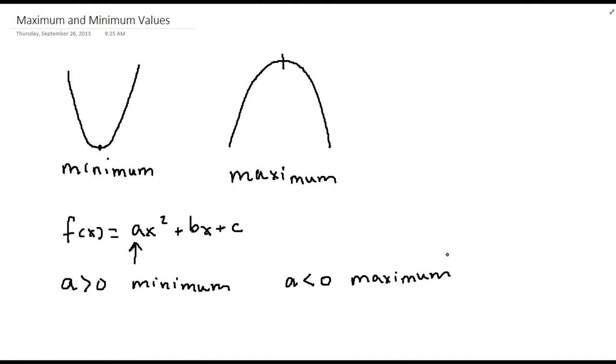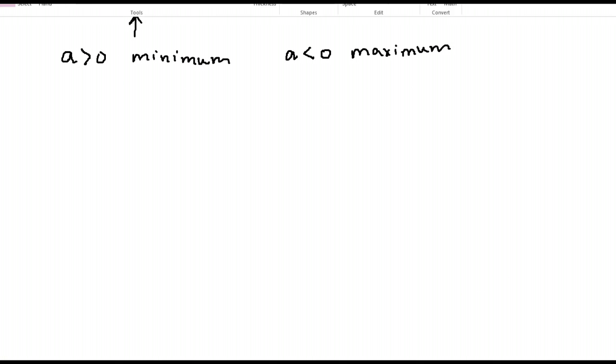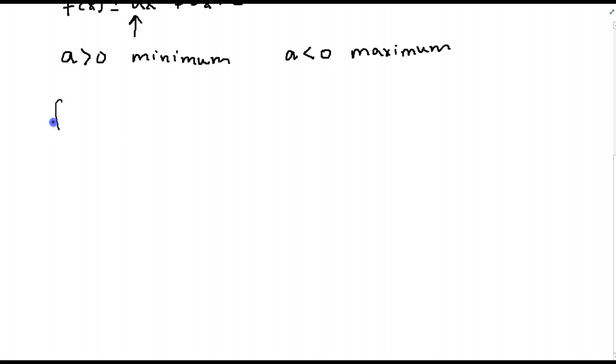Okay, so if we want to look and see what minimum and maximum values are, we can easily do that. We need to look at our function. So if I was to give you the function f of x, and this is on the top of page P11, f of x equals -3x squared plus 12x plus 11.